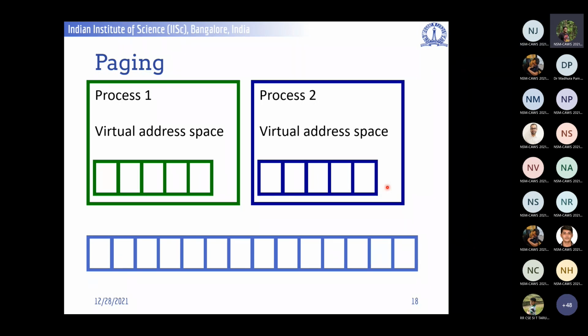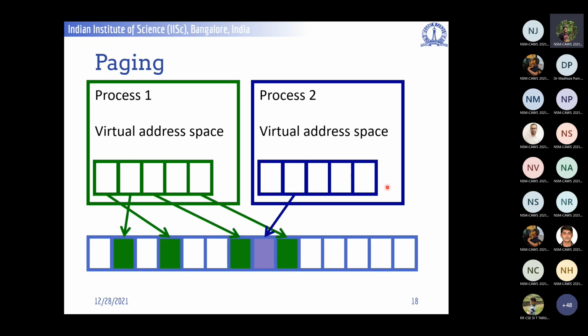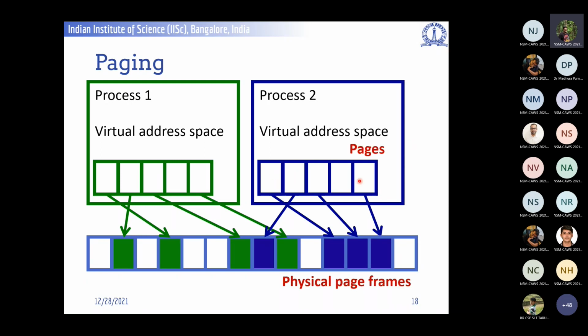So you make sure that you allocate and deallocate both virtual and physical addresses at the granularity of pages, and then each page can be mapped to different physical pages. In terms of terminology, these 4 kilobyte chunks in the virtual address space are called pages, while those 4 kilobyte chunks in the physical address space are typically called physical page frames.